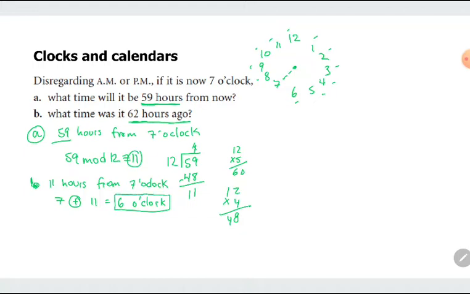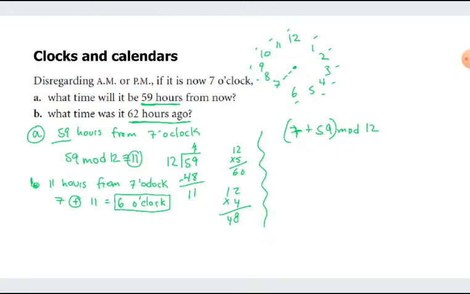Okay po. Now, what's the other process? Maybe you will find it easier. Ano po? Instead of just 59 modulo 12, you add already the 7. Kasi 7 o'clock, di ba? So that you will start at 7 o'clock.